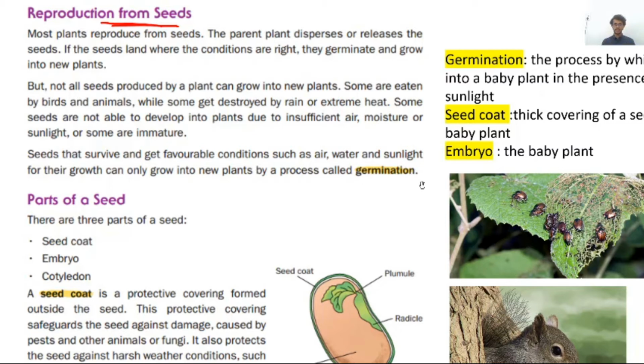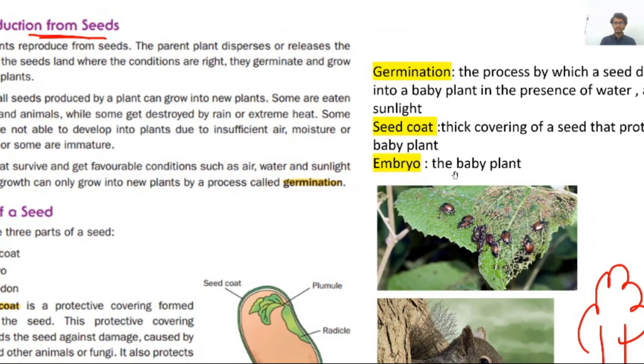Okay, I hope you understand now. When that small seed gets all the good conditions like air, water, sunlight for its growth, then that seed will grow into a plant. And that process of a tiny seed growing into a big plant is called germination.